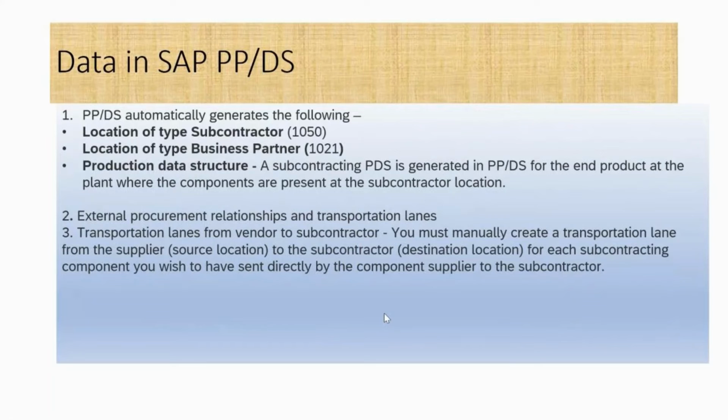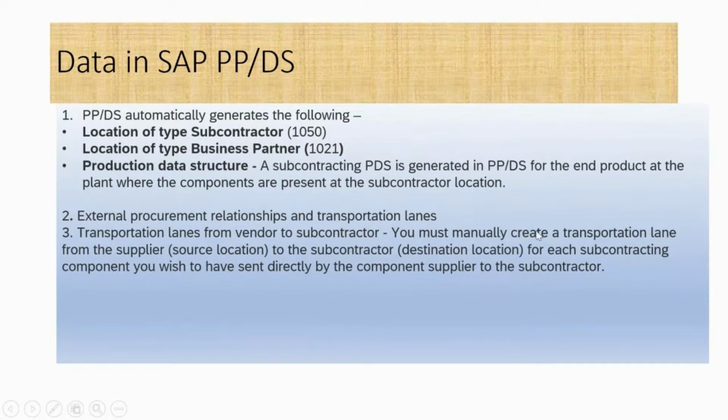So what data will be moved towards the PPDS side, or needs to be created manually? This will be automatically created when you move through the program from the previous slide. There will be external procurement relationships and transportation lanes, which will be automatically created for the finished product once you move the PDS, and the transportation lane from the vendor, the supplier, to the subcontractor, because both are in Asia.